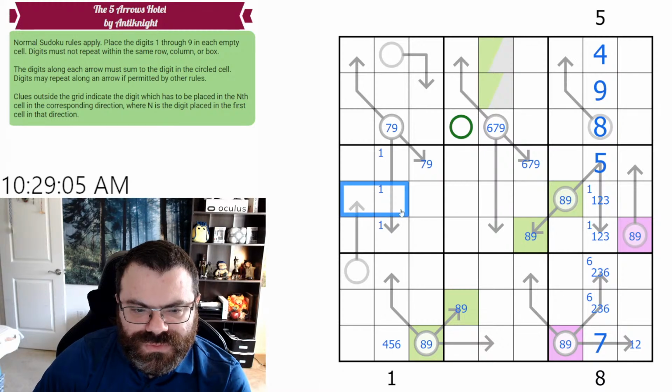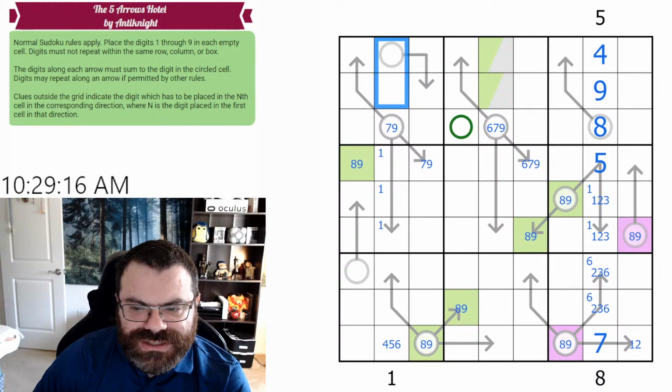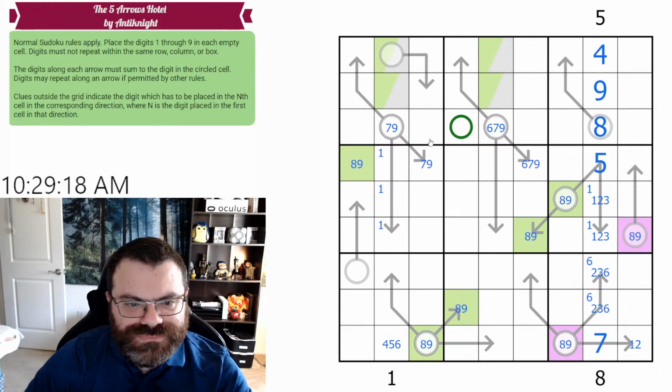Green in box 4 cannot go on this arrow, so it's here. Good spot. These look up. It's not here, so we have an X-wing on greens up here.